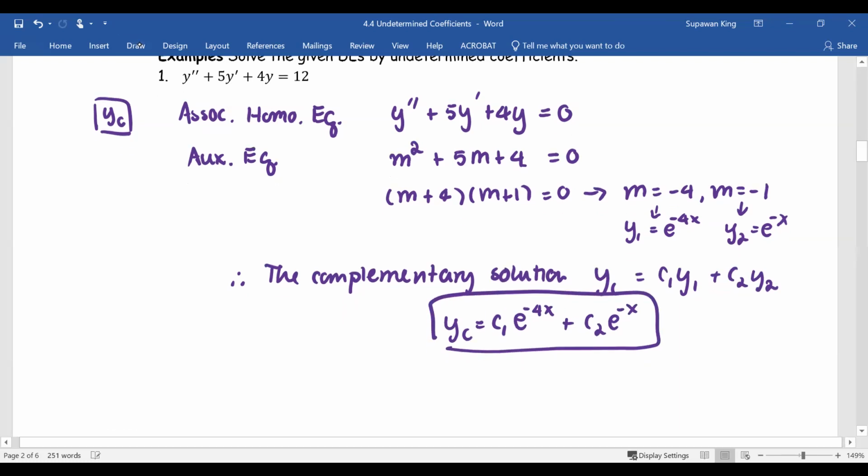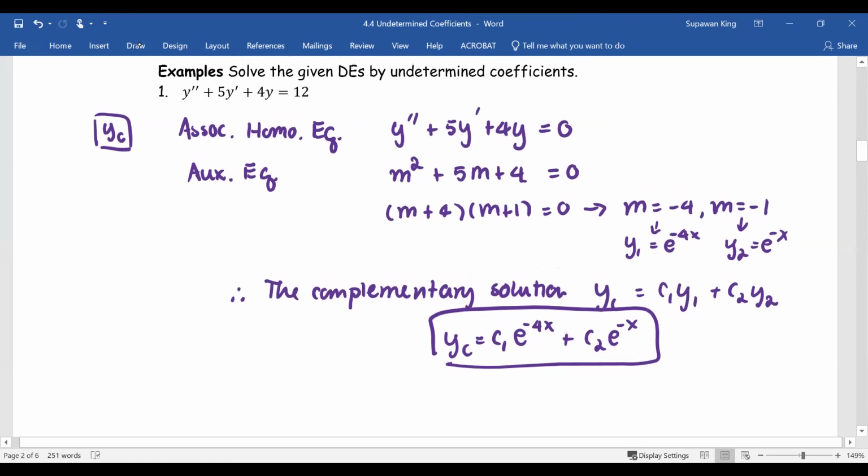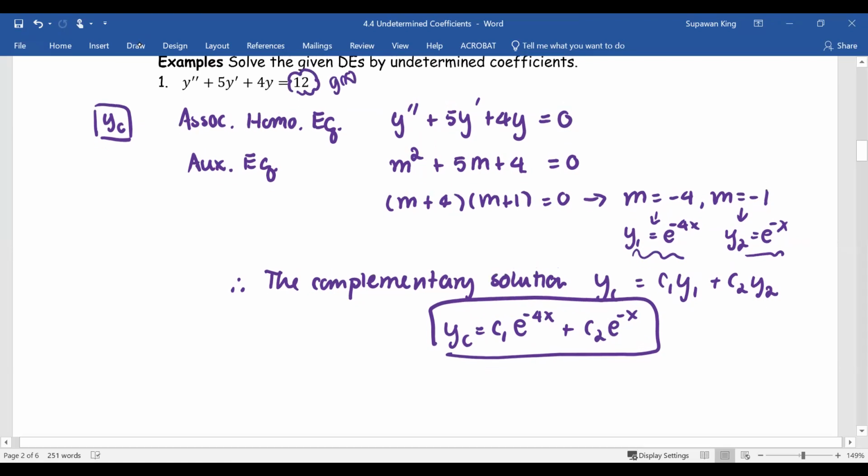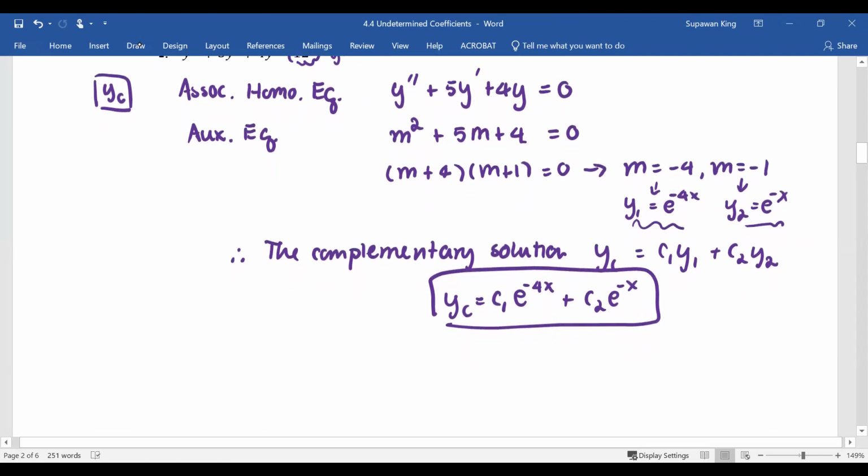This is case 1, where y1 and y2 do not repeat the form of g(x). g(x) is a constant term, whereas y1 and y2 are exponential forms. So this is called case 1.